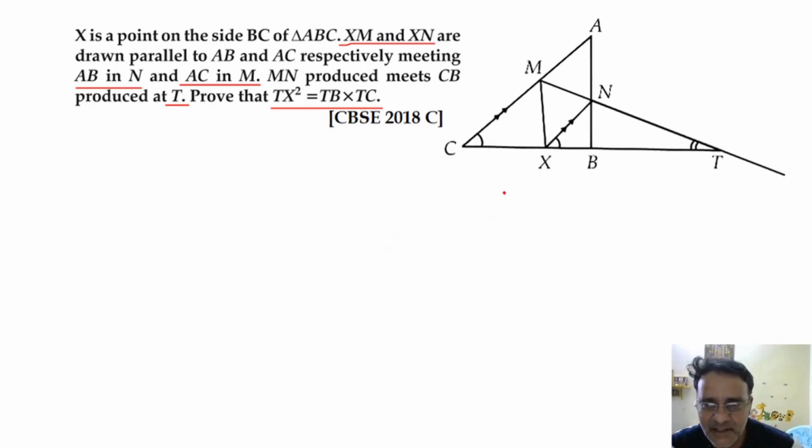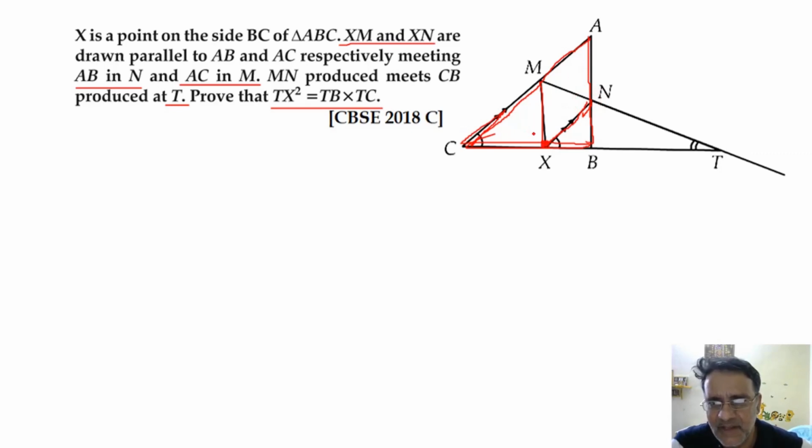See, I will explain the diagram. X is a point on BC. This is the triangle, the original triangle where I am shading. Here X is the point, right? And XM is the line parallel to AB and XN is the line parallel to AC.